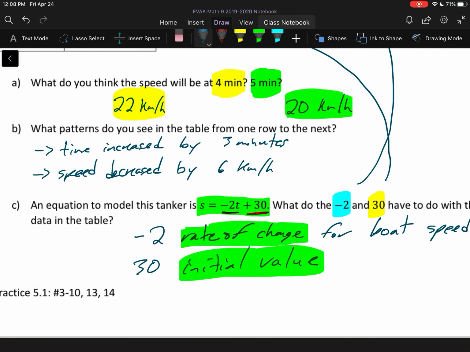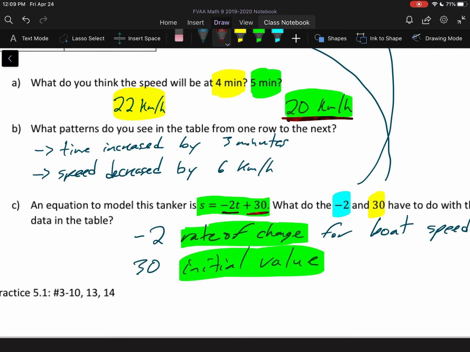If it's 5 minutes, you multiply 5 times negative 2, and that gives you negative 10 kilometers per hour. And then plus 30, which was the initial speed, gives you 20, which is what we solved for here. Okay, so we see that the equation works.